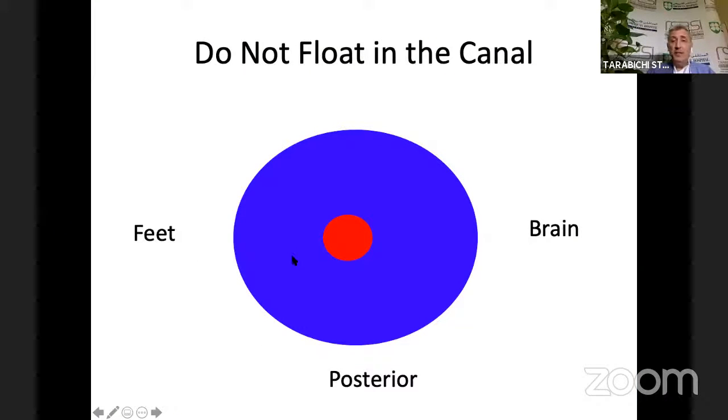So the first practical advice I have for you is do not float in the canal. A lot of people want to hold the endoscope in the middle of the canal, and that really does not work. So don't go around like this. The red, I guess, is the endoscope, and the blue is the ear canal.